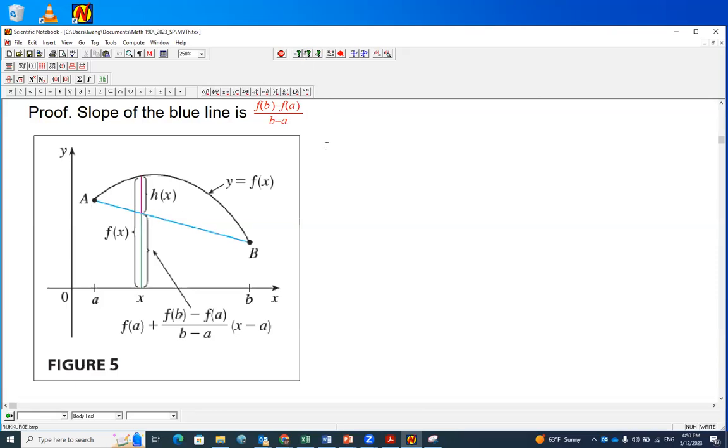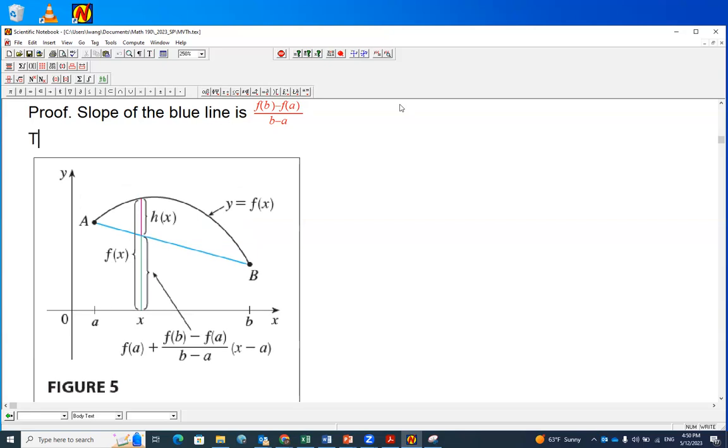And the equation of the blue line, we can use one of the points, point A or point B. We use point A. So the equation of this blue line is going to be y minus f of a equals the slope multiplied by x minus a, point slope formula, right?